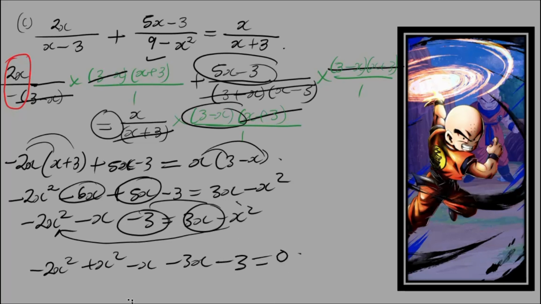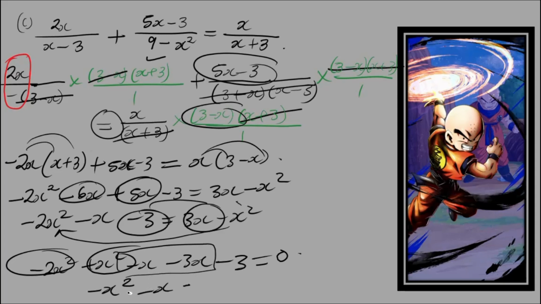That is equals to 0. Hope I didn't make any mistakes. So, and then here I'll end up with negative x squared minus x. Oh, sorry. Negative x minus x, that is negative 4x. So, negative 4x minus 3 is equals to 0. Hope that makes sense. Then let me create some space again.